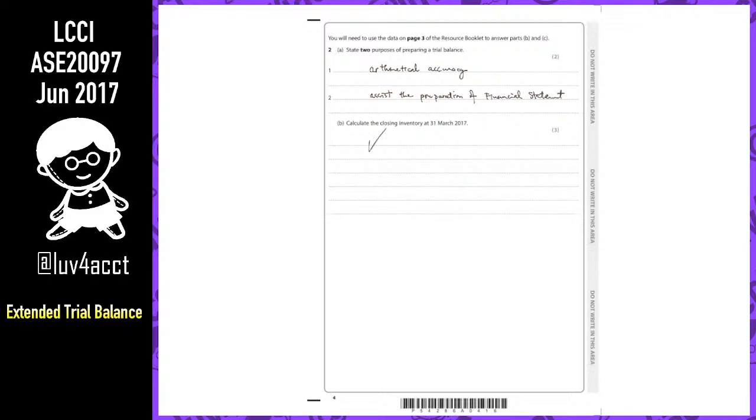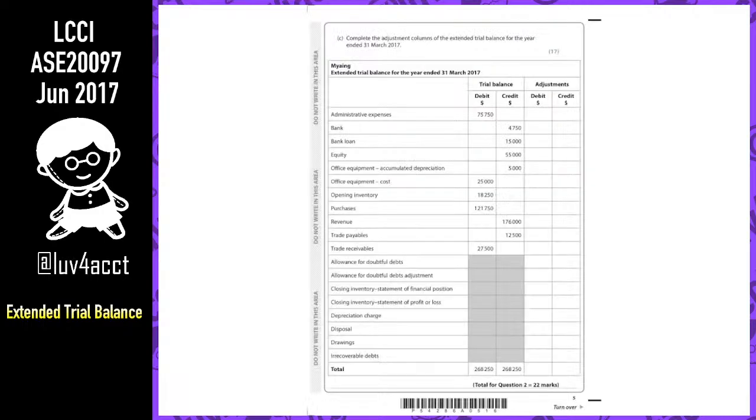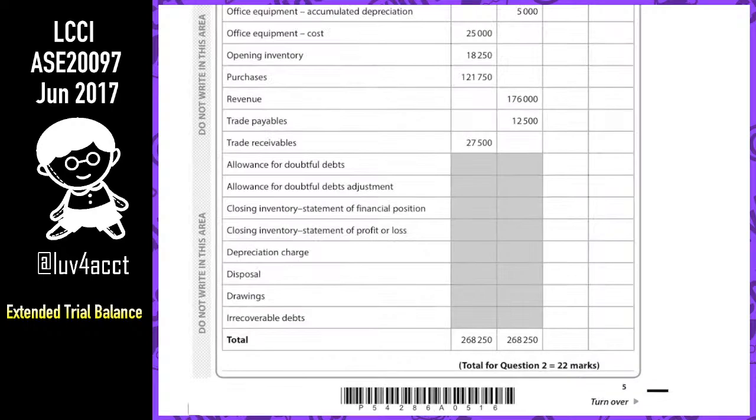Okay, 47250, you show the two adjustments, plus 500 plus 1750. Inventory, statement of financial position, debit, and then credit for statement of profit or loss, 47250.